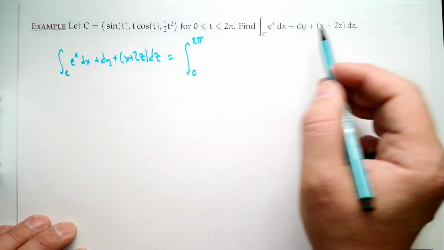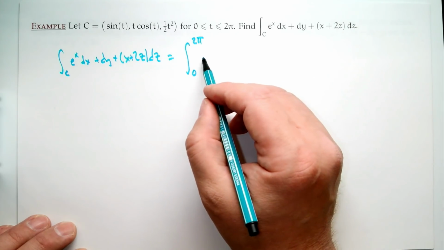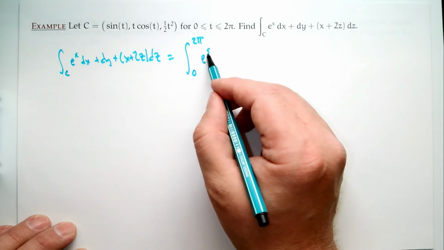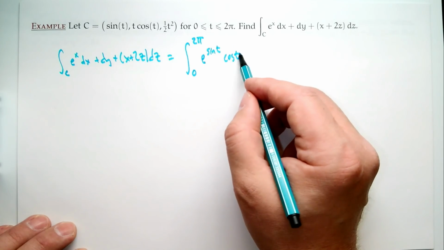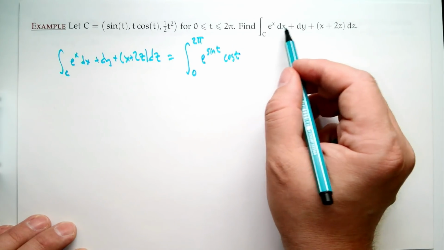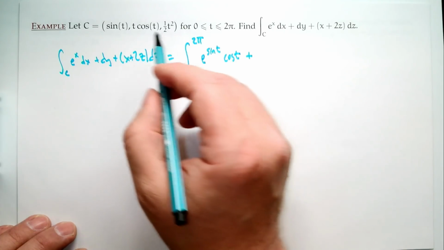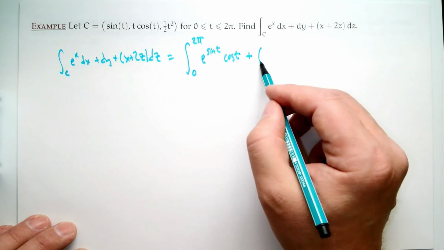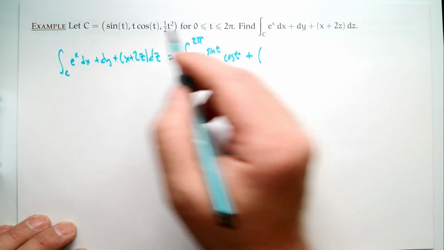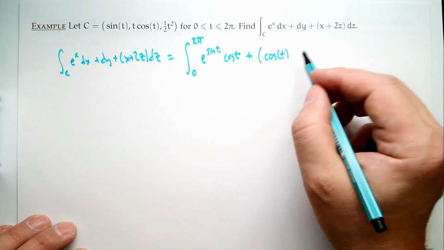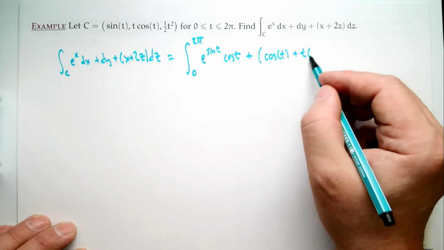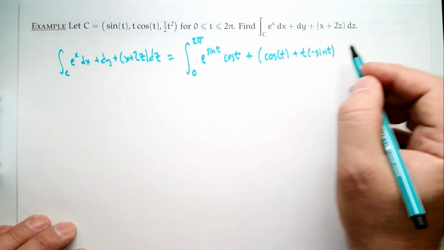Now when we see the d's, that means the derivative of those functions. So we'll have e to the sine of t times the derivative of sine t, which is cosine t. That's the first piece, e to the x dx, plus dy. Well, take the derivative of this function, so that would be product rule, cosine of t plus t times minus sine of t.